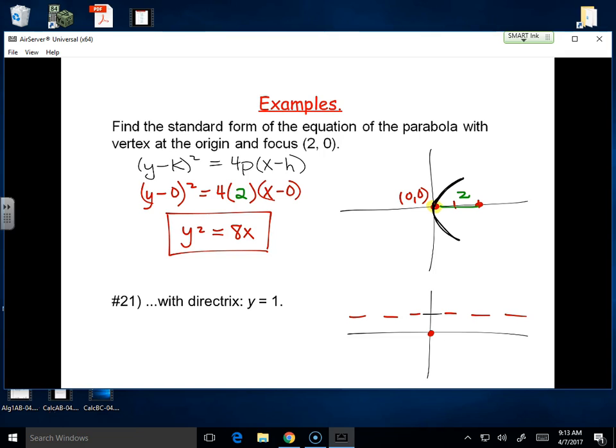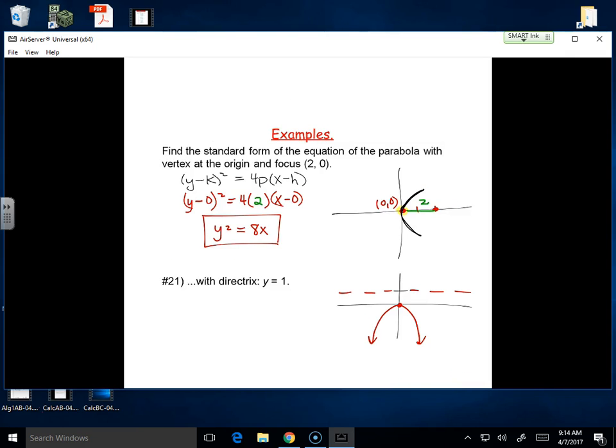Why does the parabola have to be facing down? Is it allowed to ever hit the directrix? If I drew this parabola any other direction, if I chose to draw it to the right, wouldn't it hit? If I chose to draw it to the left, wouldn't it hit? If I chose to draw it up, oh my goodness, it's hitting all over the place. So the only way the parabola can go is down.